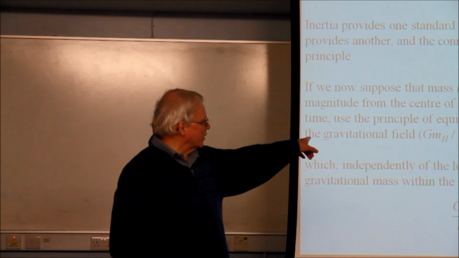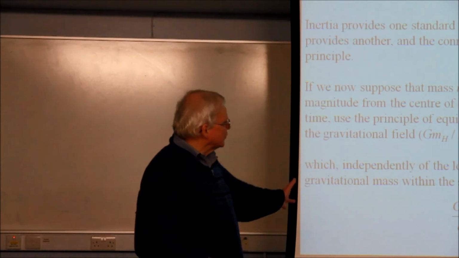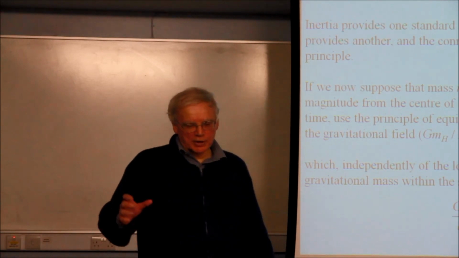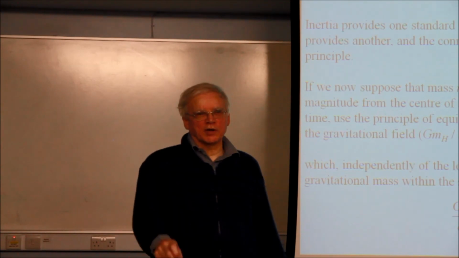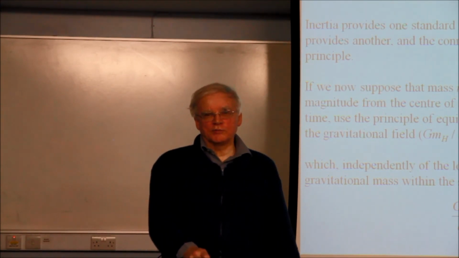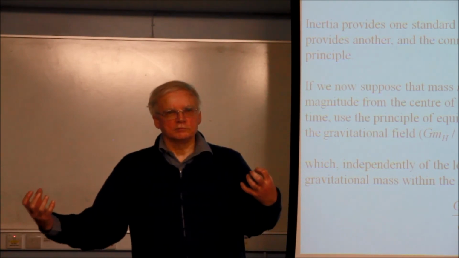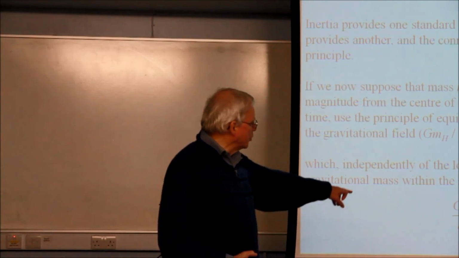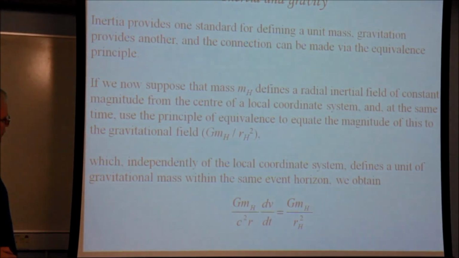This second value is independent of the local coordinate system, but it defines a unit of gravitational mass. It's a bit like on the surface of the Earth, where we can define a unit of mass by measuring the acceleration of free fall. So here we're defining a unit of mass, first by inertia and then by gravitation, inside the same radius.